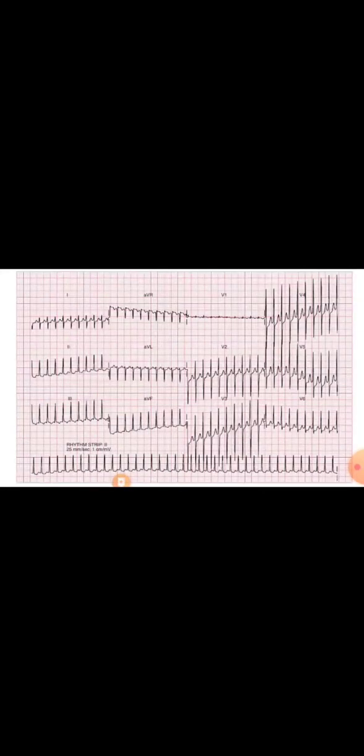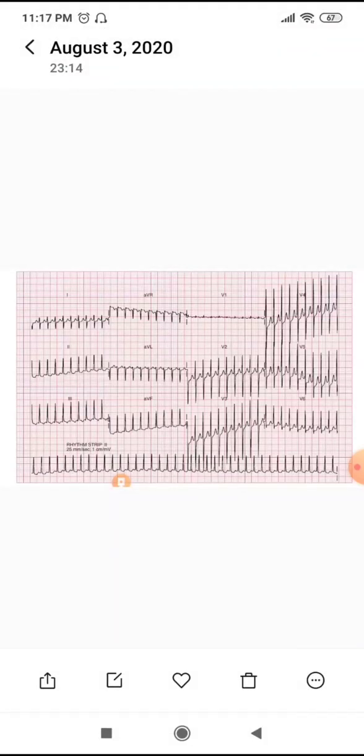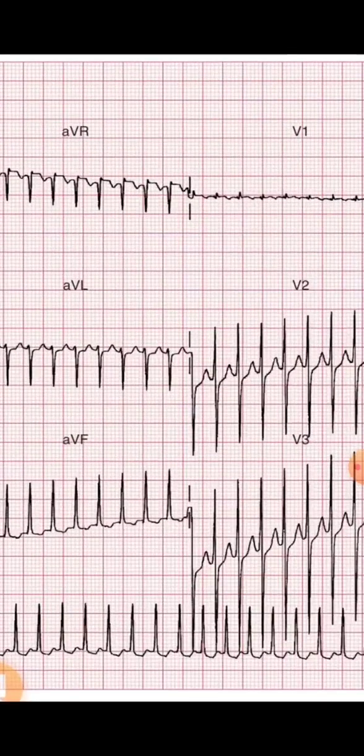First let us calculate the QRS rate or the heart rate, that is almost 290 beats per minute, and the axis is towards the right, so this is a right axis deviation. One thing of note is that we have to look whether P waves are present or not.